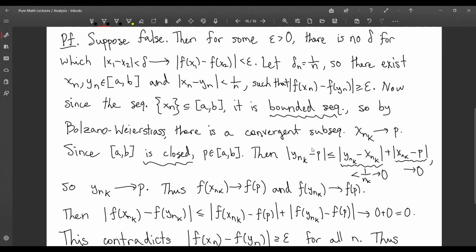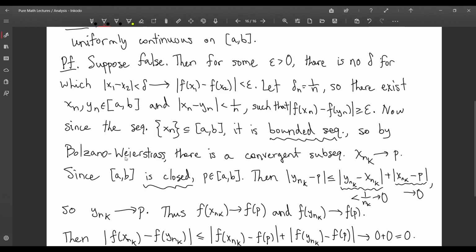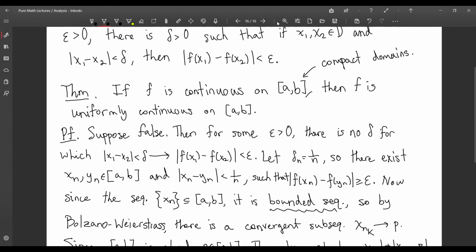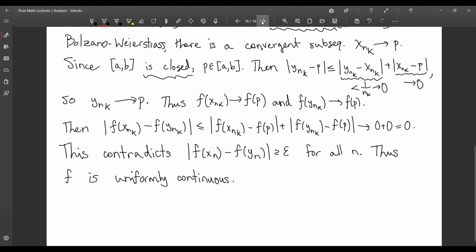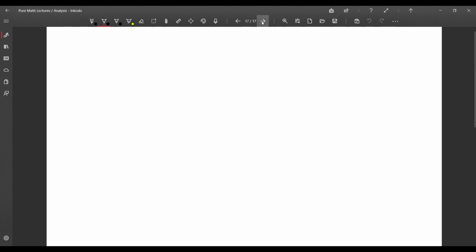So clearly, as long as you have that it is compact, the proof works. Okay, all right. Go on to the next thing.